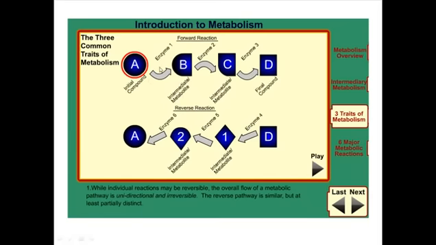You can see this is a forward reaction, this is a reverse reaction. So we have a forward reaction which goes towards the product, and we have a backward reaction going towards the substrate. These two types of reaction are really important, because they give the cell control over its metabolic pathways.